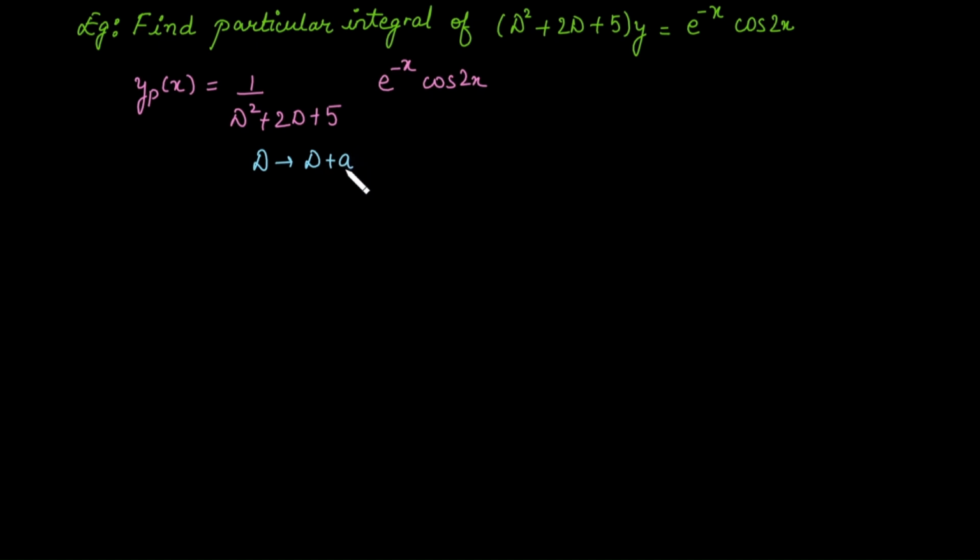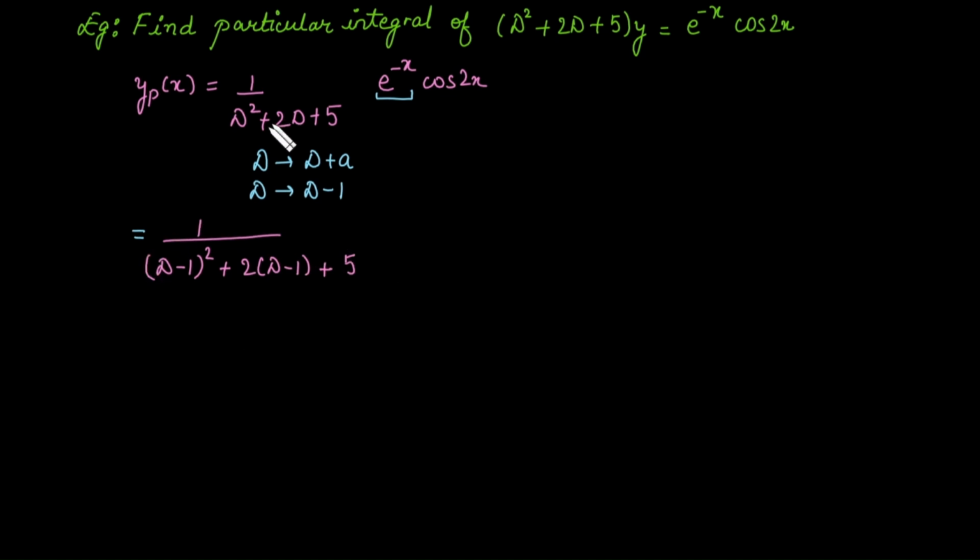So in this case, what is the value of a? a is basically the coefficient of x in the exponential term, that is minus 1. So we will replace D by D minus 1 because the value of a is minus 1. So we have 1 upon (D minus 1) square plus 2(D minus 1) plus 5.